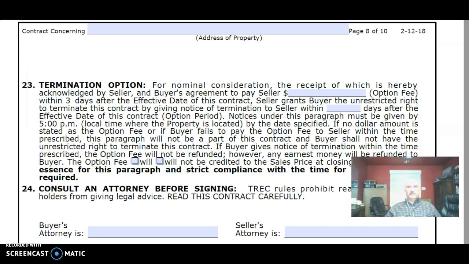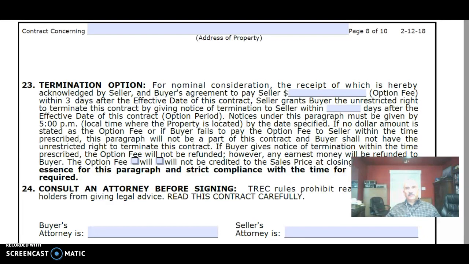That said, I want to jump to line 23, which is the termination option. What is the termination option? This is where the buyer gives you a check for like $100. What are they doing? They're buying time to back out and get their earnest money back. Usually the option period is about 5 to 10 days, maximum 14 days.